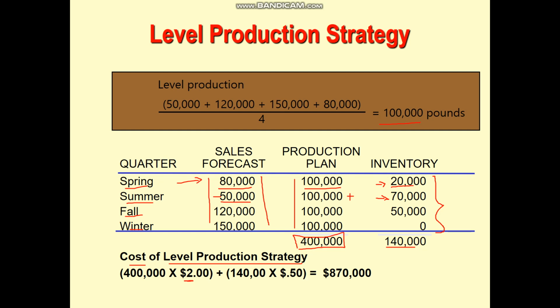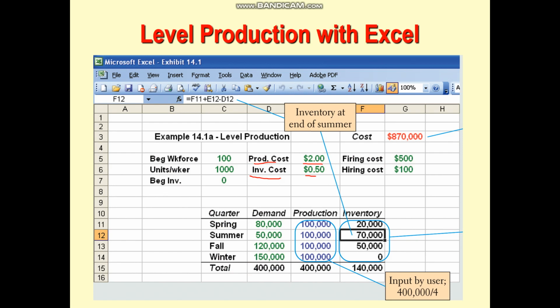So we have 400,000 multiplied by 2, plus 140,000 multiplied by 0.5. So the total cost when we use the level production strategy is 870,000.